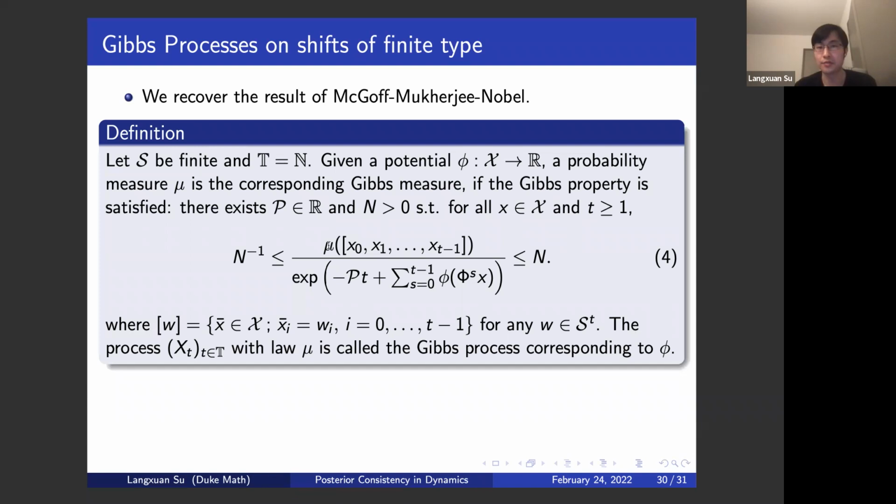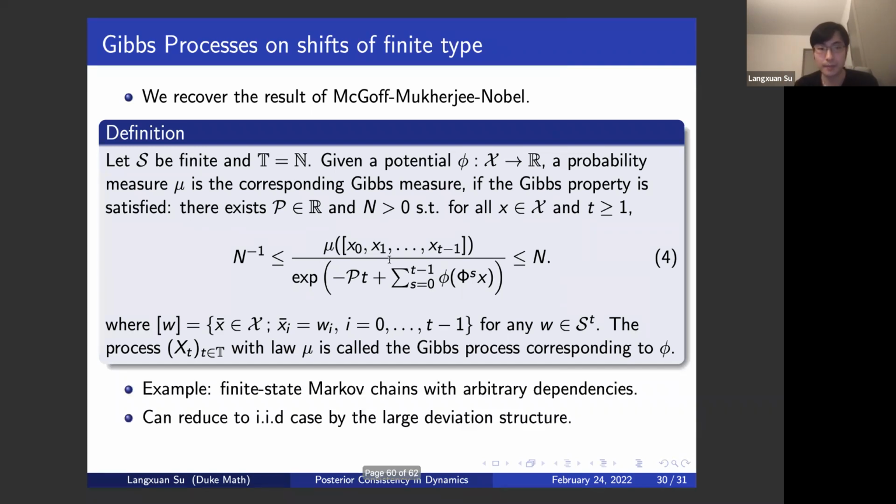So this measure is called the Gibbs measure with respect to the potential phi. This is a classical system in ergodic theory, and it actually includes finite-state Markov chains with arbitrary dependencies.